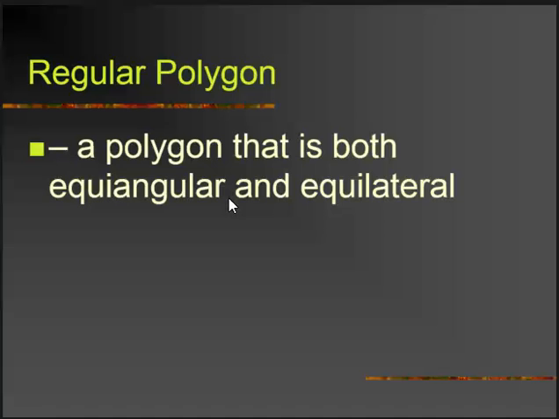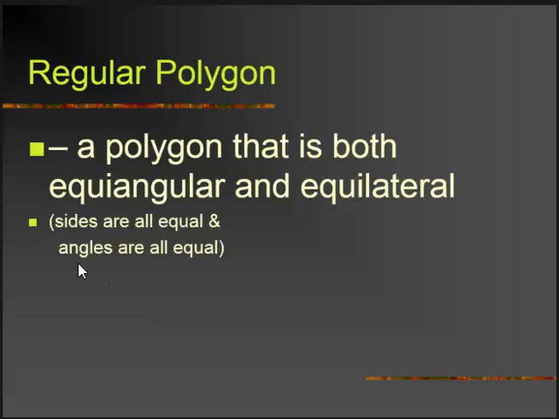Angular means angles. So all the angles in that one polygon are congruent. They all have the same measure. Equilateral means equal sides. So the side lengths are all equal or congruent. Okay. So again, sides are all equal and angles are all equal.